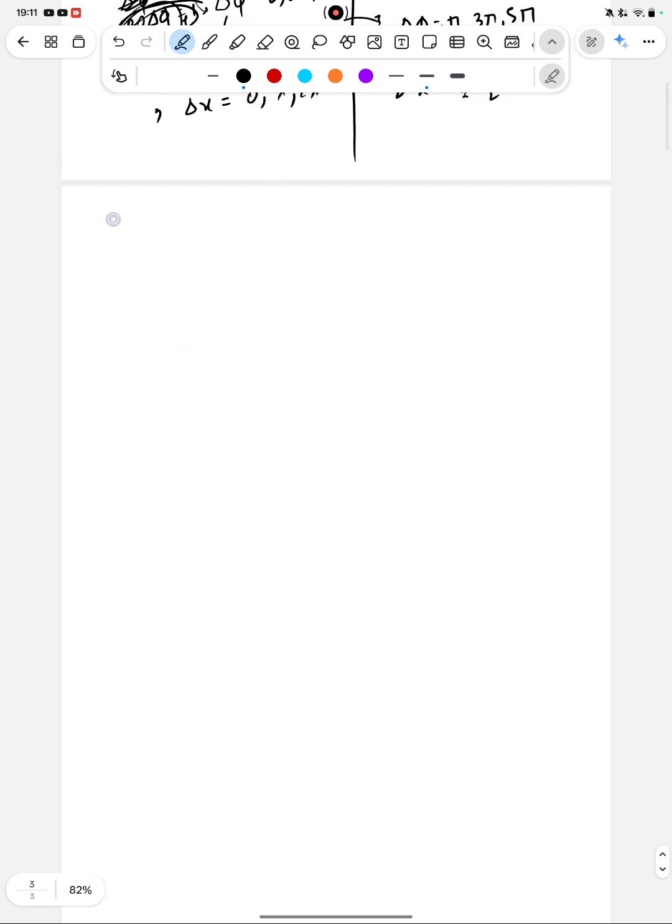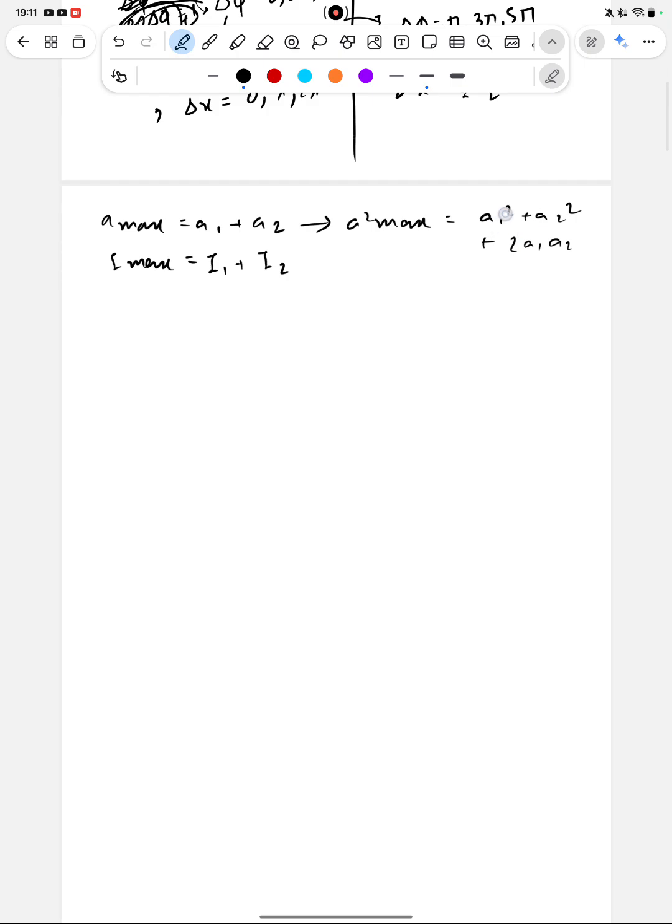Now let's come to the last part, which is basically the formulas. A max equals a1 plus a2, I max equals I1 plus I2. You might think so, but it's not really, because A max square equals a1 square plus a2 square plus 2 a1 a2. All these things matter. So we need a relation now.